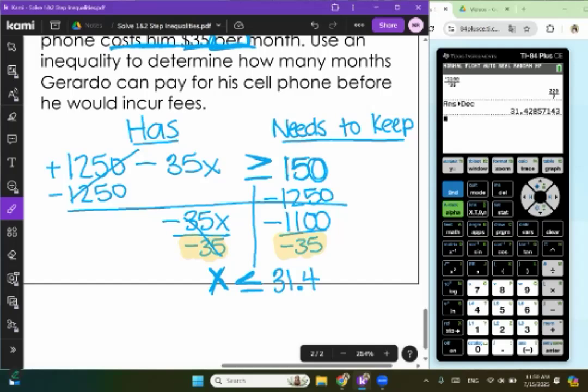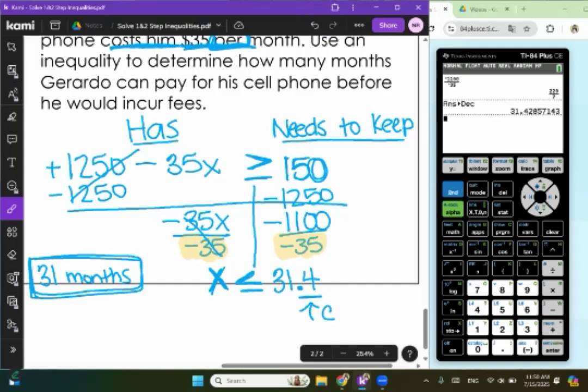Okay. So how many months can he pay for his cell phone? Well, it says 31.4, right? Can you do 0.4 part of a month? No. So he can keep it at most 31 months. I don't know of any cell phone company that will allow you to pay for a partial month.